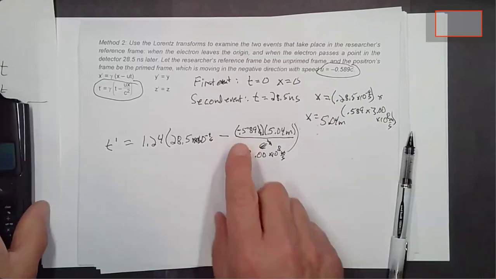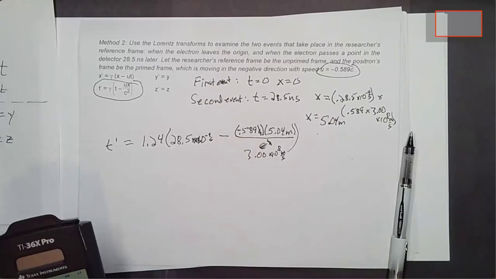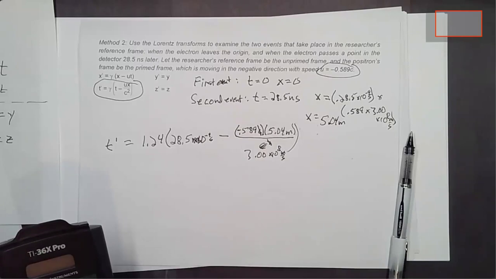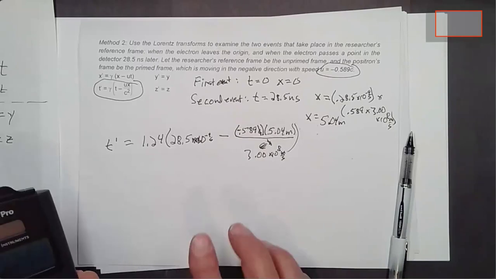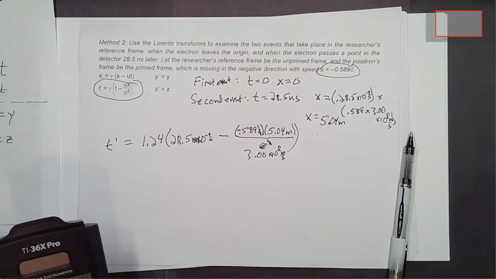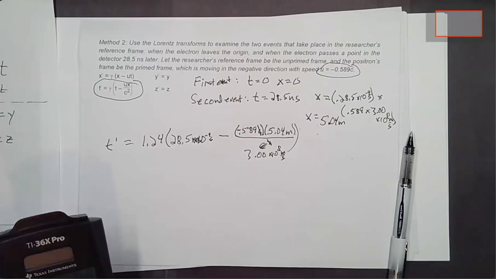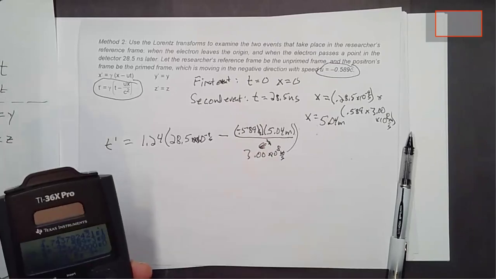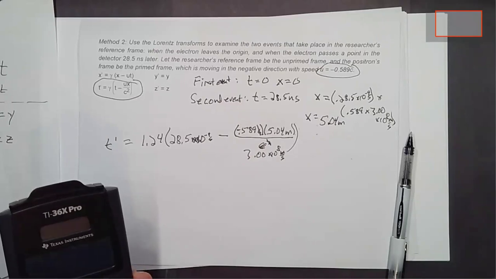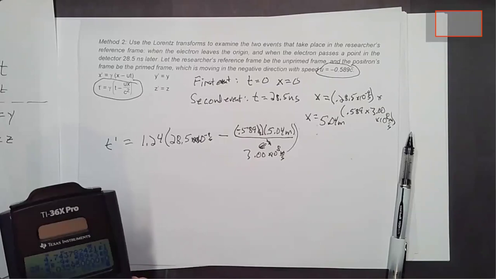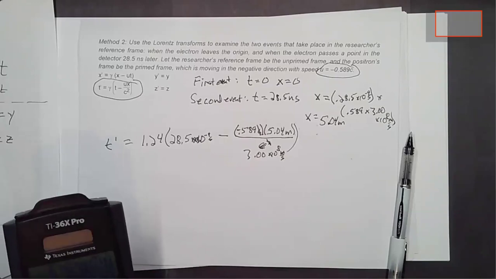Okay, now a minus and a minus is going to make that a plus. So I'll have 1.24 times 28.5 times 10 to the minus 9. And then I'm just going to put the plus in: 0.589 times 5.04.